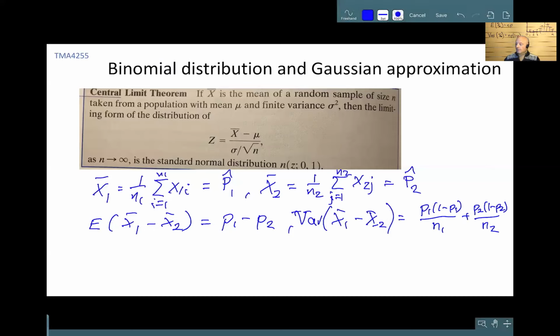Again, we get a plus instead, even though there was a minus here, because minus 1 squared is 1. Instead of saying 1 minus P1 here, some like to say Q1 instead of 1 minus P1. It's just a complementary probability, the probability of failure.